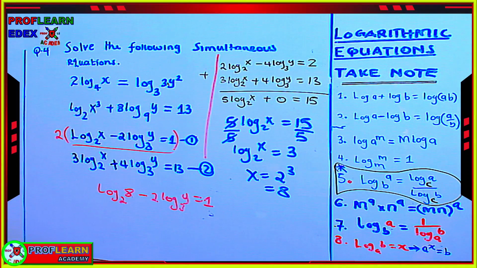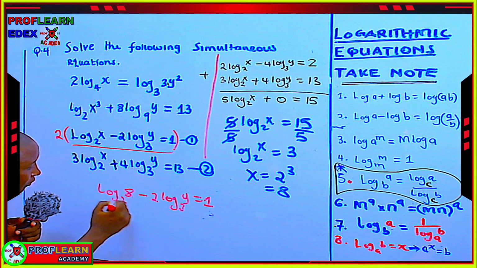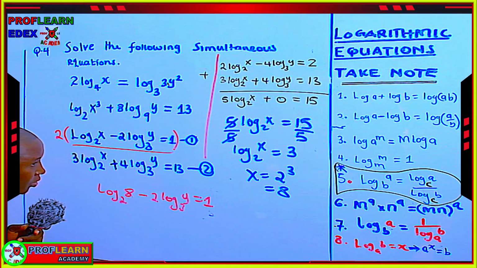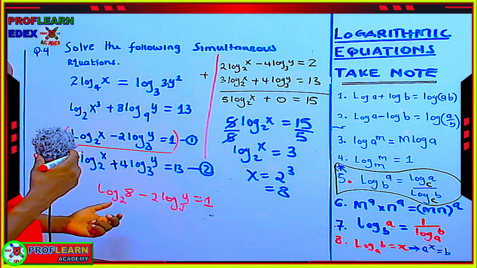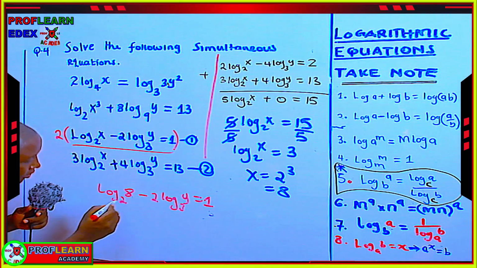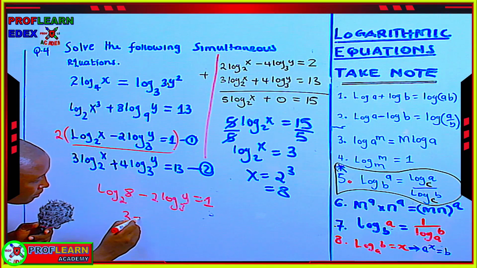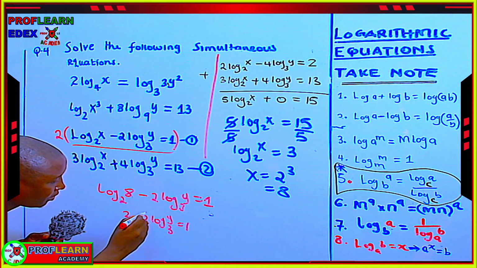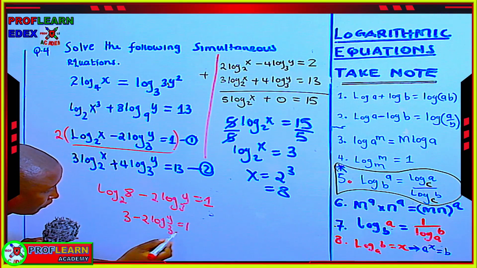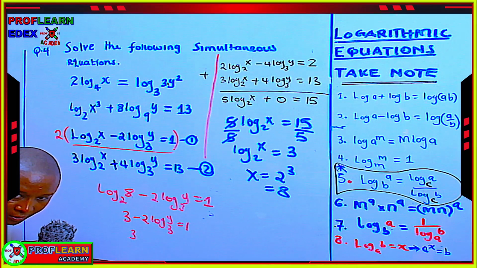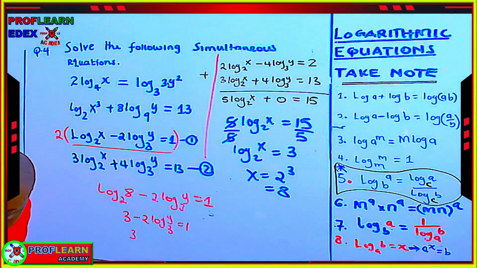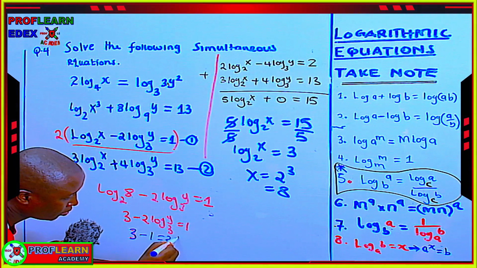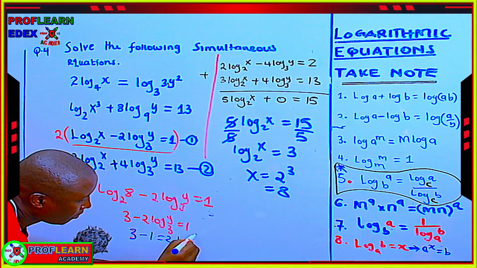So the whole of this is equivalent to what? Log 8 base 2 is 3, so 3 minus 2 log y base 3 is equal to 1. This coming this side, and 1 coming this side, we have 3 minus 1 is equal to 2 log y base 3.